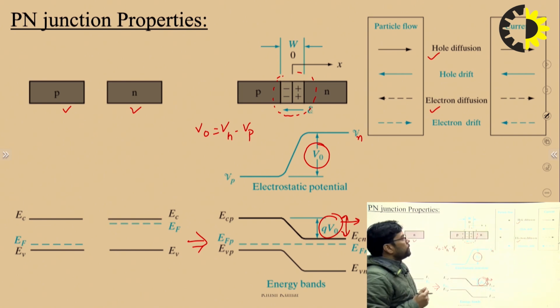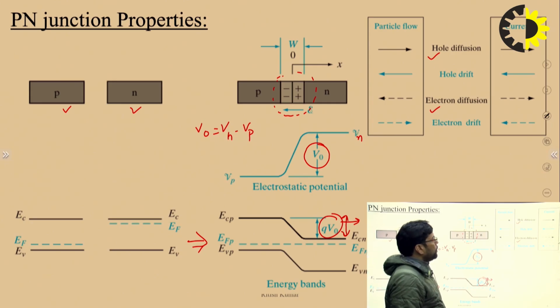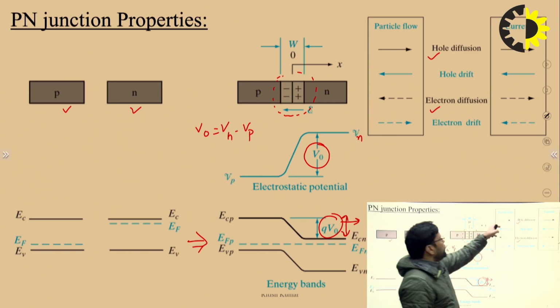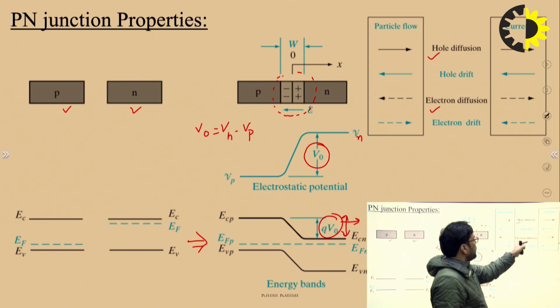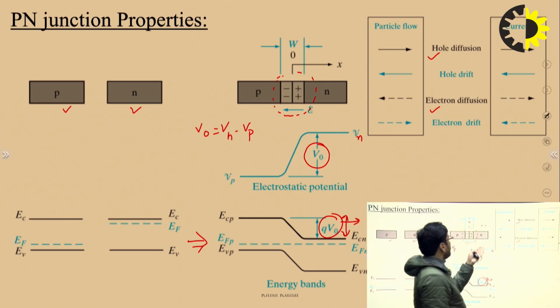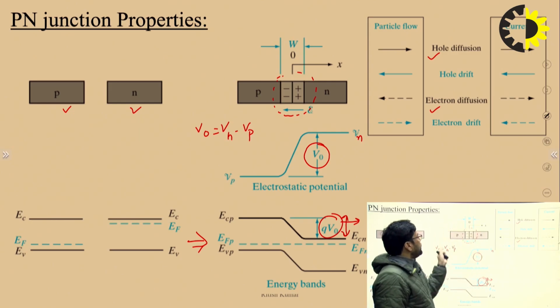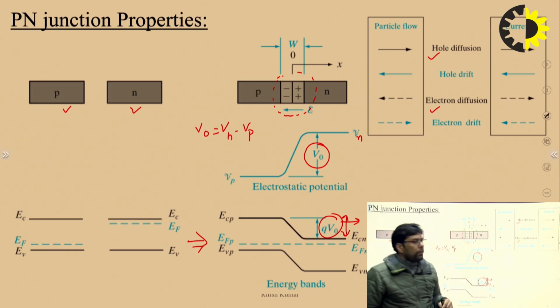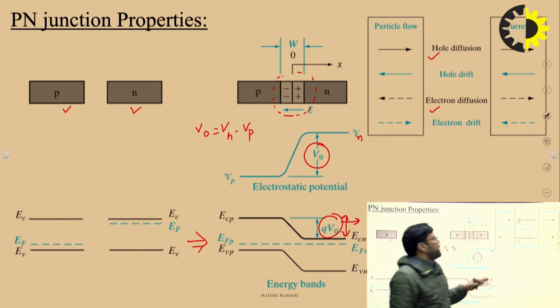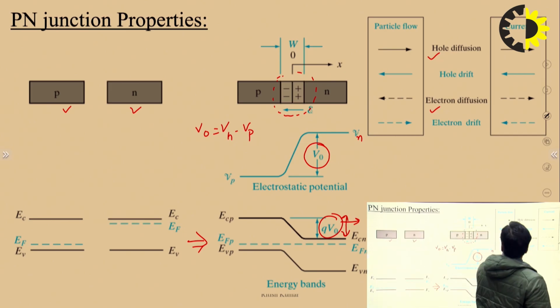Current will always be in the same direction as the hole moving direction. In electron diffusion, electrons diffuse from N to P, so the current will be in the opposite direction. So the current will always be in the P to N direction, right?